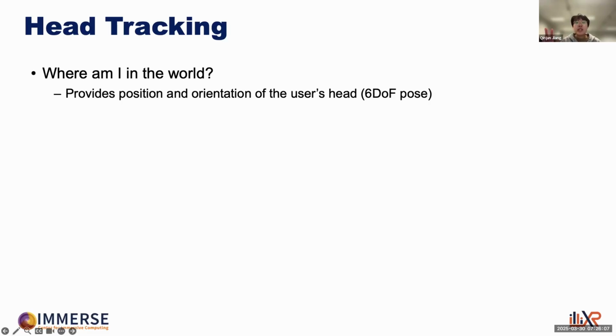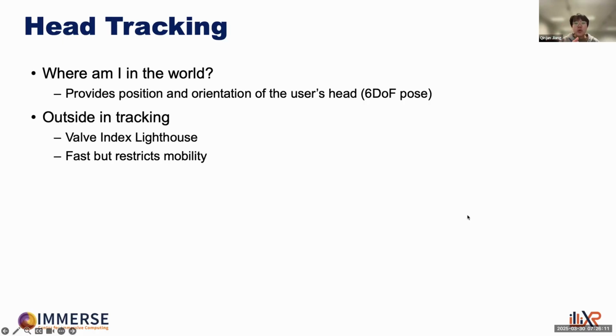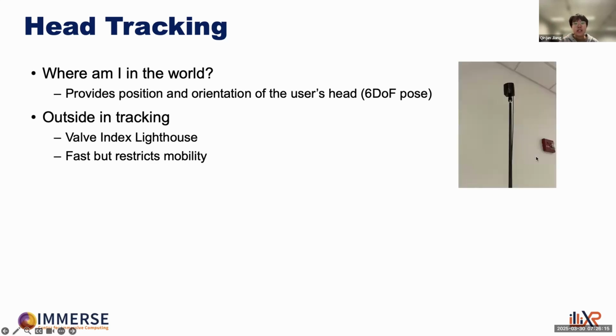So there are two common approaches of doing head tracking. The first one is the outside-in tracking, which means that we are utilizing some external devices, such as the base station shown here. In ILLIXR, we have support for that using the Valve Index Lighthouse system. So in this system, the base station is emitting infrared lights, and there are also sensors on the headset and the controllers that receive the infrared lights.